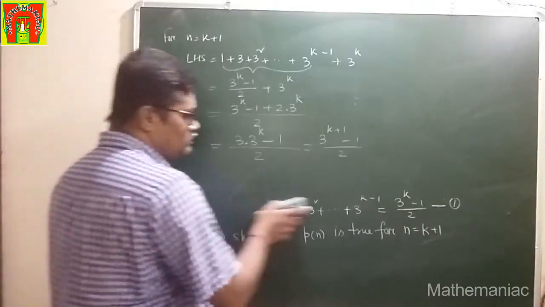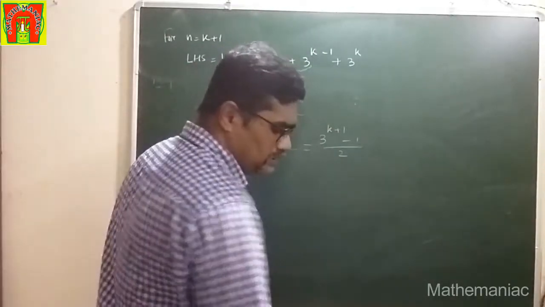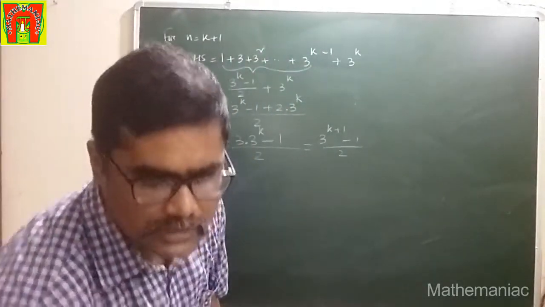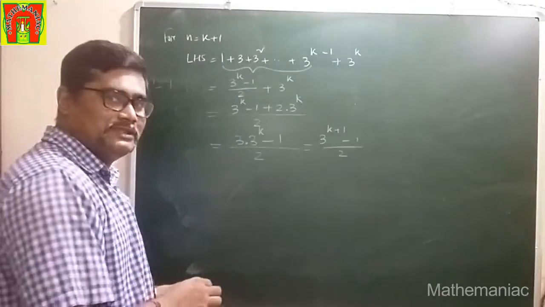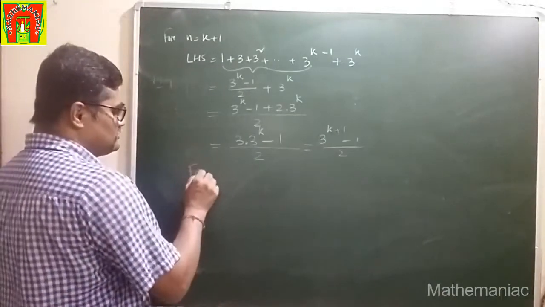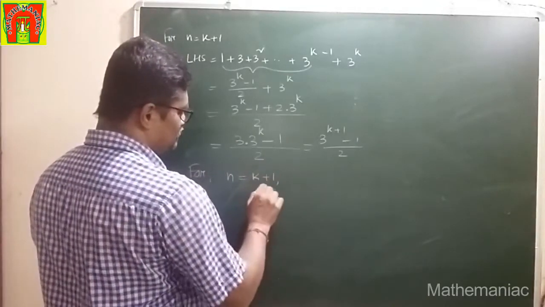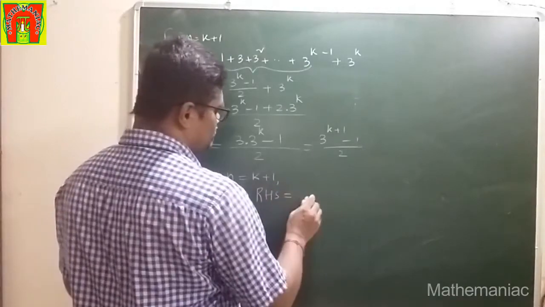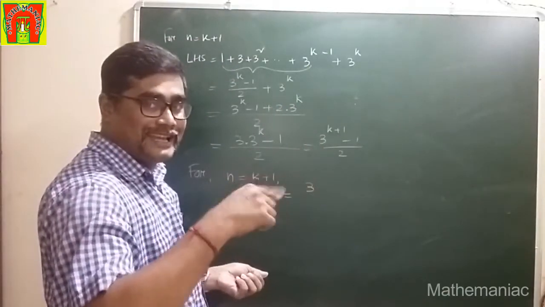Now in the right hand side also you put n equal to k plus 1 and check whether you are getting correct or not. Right? If it is correct, then you are done. So for n equal to k plus 1, what is RHS? 3 to the power k minus 1, it was n minus 1, right?